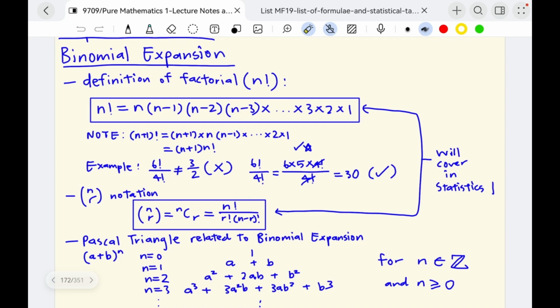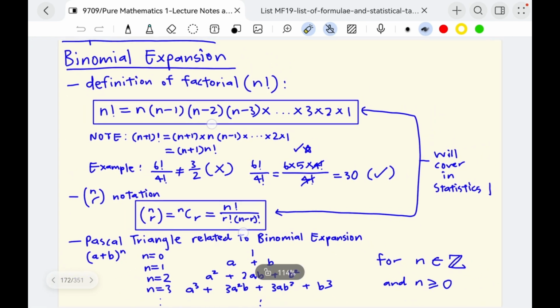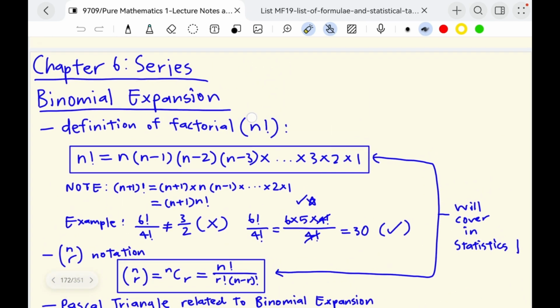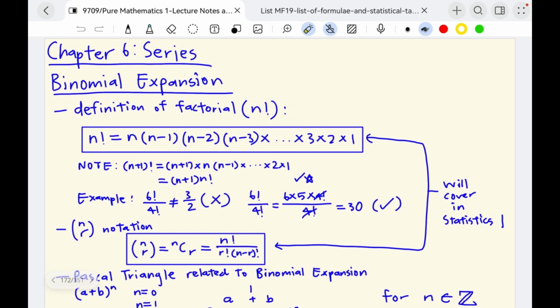So let's take a look at the examples, to give you the warnings before you make any careless mistakes. Let's take an example of 6 factorial divided by 4 factorial. What is it? You shouldn't treat it as integers, because 6 factorial has its definition of 6 times 5 times 4 times 3 times 2 times 1.